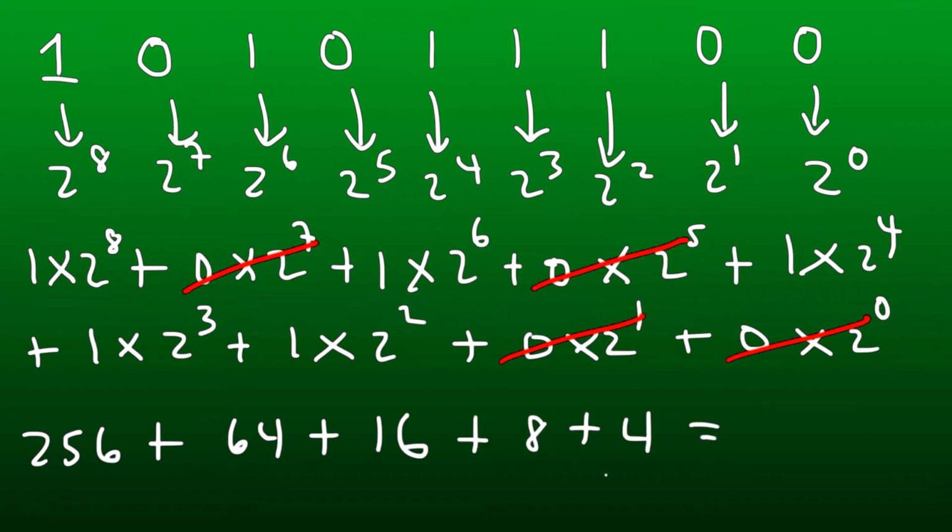And so 256 plus 64 plus 16 plus 8 plus 4, that will give us our original number of 348 in the base 10 system. And so that's one way in which you can convert a binary number into a decimal number.